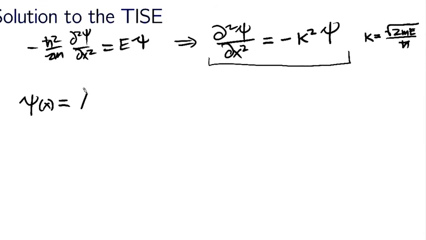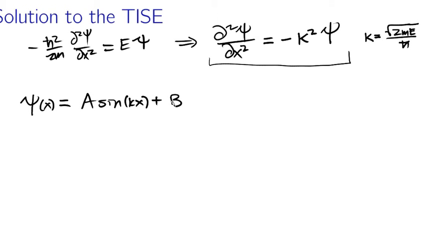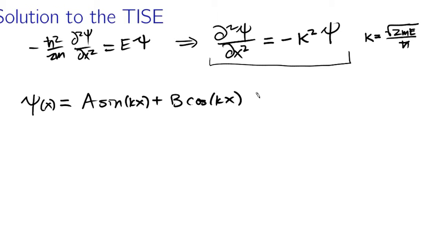So this is the ordinary differential equation that you're familiar with for things like masses on springs. And what you get is oscillation. Psi, as a function of x, is going to be A sine kx plus B cosine kx. And that's a general solution.